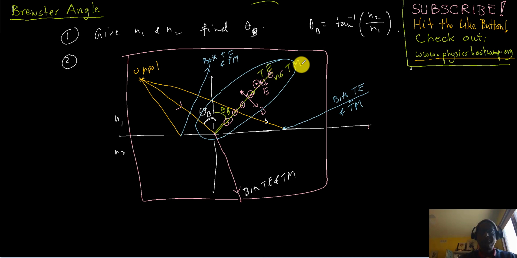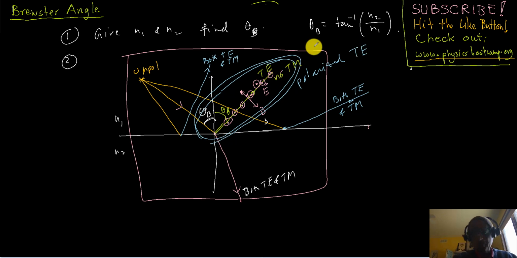Sometimes they say, okay, we know I sent in unpolarized light, but this reflected light is polarized. So this is polarized as TE. That means we should be able to use this setup to produce polarized light.